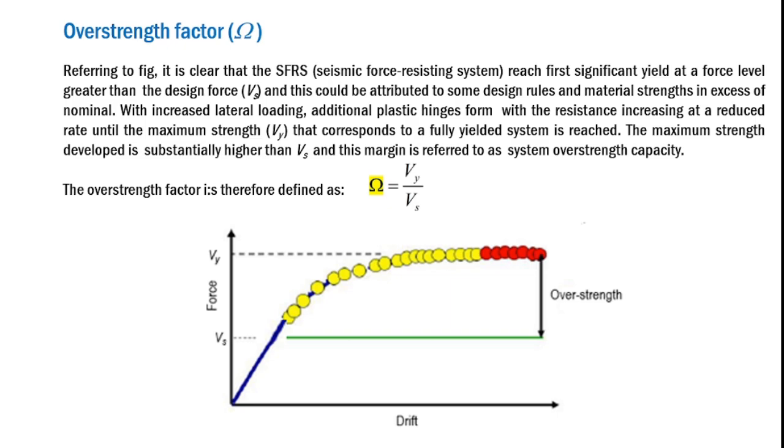And the second one, whose contribution is less compared to the overstrength of the material components, is the distribution of the lateral force that is used for obtaining the capacity of the structure. Please remember that the values of R and the values of the overstrength factor omega are provided for different seismic force resisting systems in Table 12.2-1 of the code.